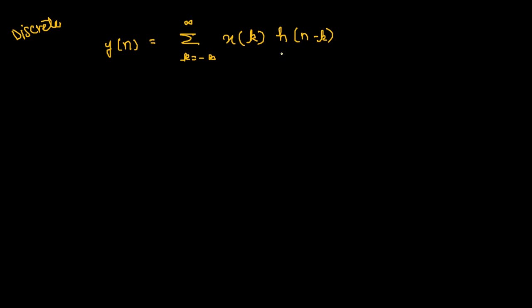Alright, the whole thing will become clearer when we do a question. But for now, you can see the input signal x remains fixed, whereas we are time shifting the unit impulse response, and we are also time reversing it, because it's minus k plus n.